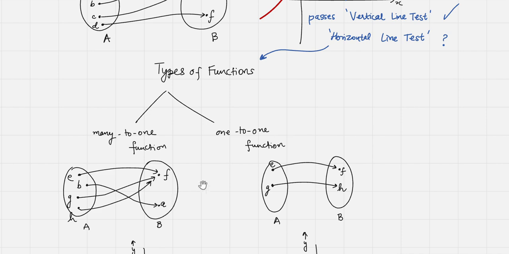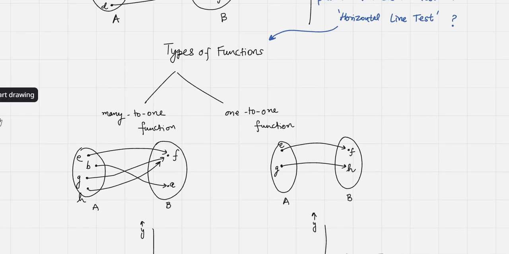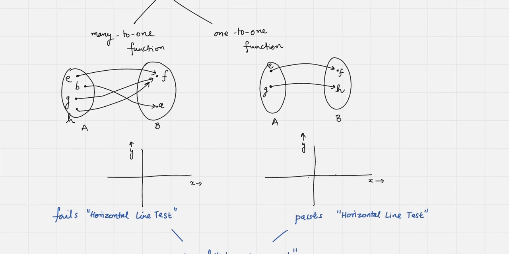In a many-to-one function, what is allowed is that there can be multiple elements, E, G, H for example, and they're getting mapped to the same element F in B. So we could draw their curves like this.